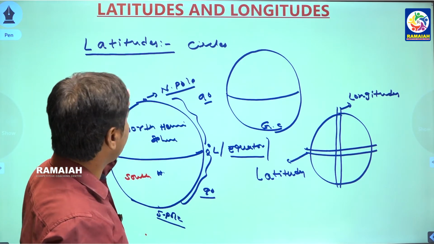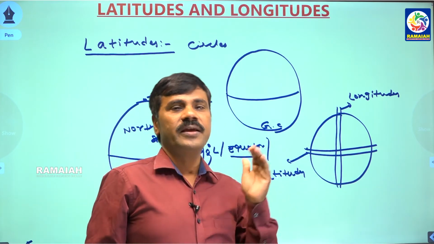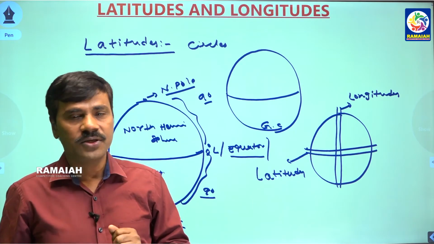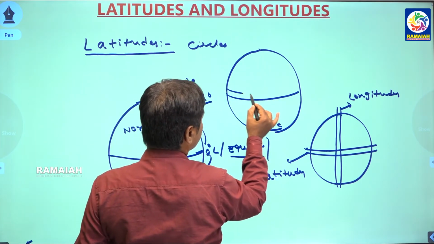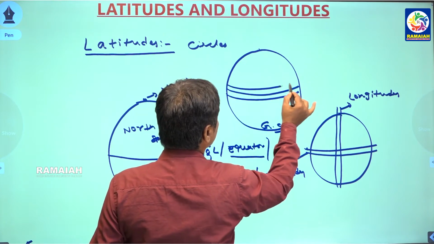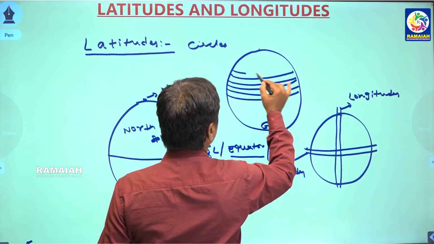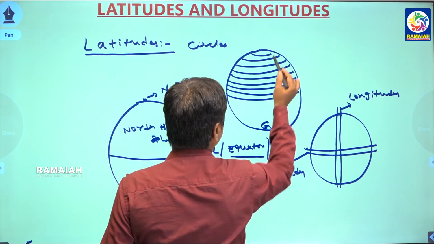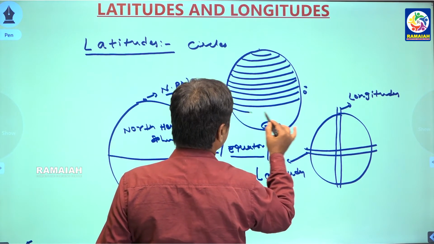Each and every latitude is not equal; the length of the latitudes is not equal, because they gradually go poleward. The northern hemisphere is divided into 90 latitudes, and the southern hemisphere is also divided into 90 latitudes.